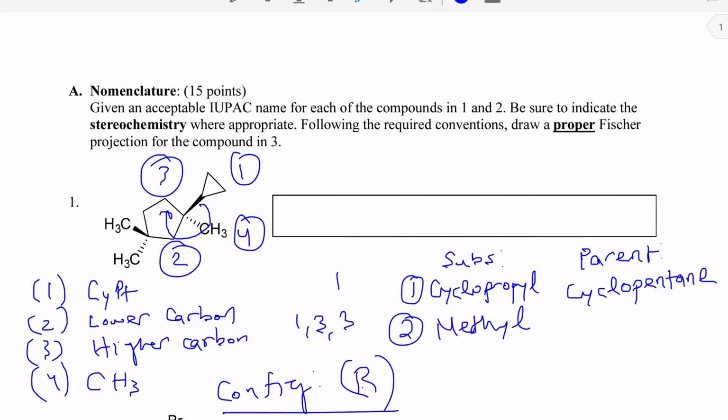So that gives us our final piece of information that we need in getting the name of the compound. And again, to emphasize, the only reason we were able to quickly get to that final configuration of R was because we were able to notice that our lowest priority group was going into the page.